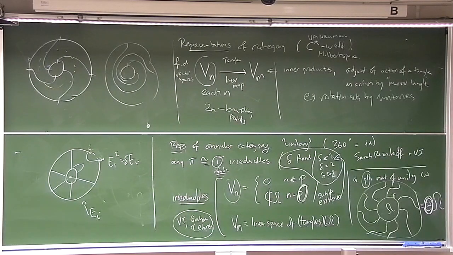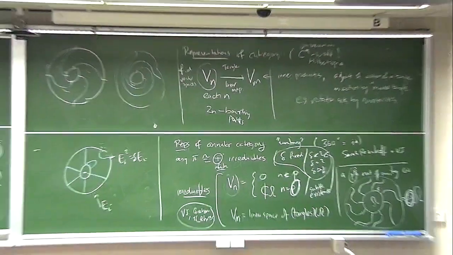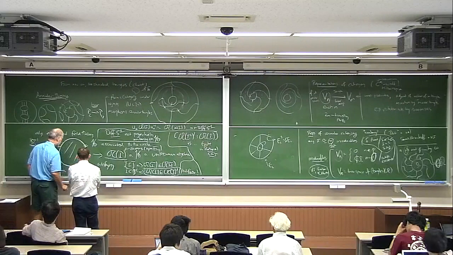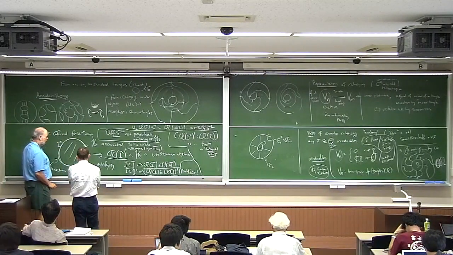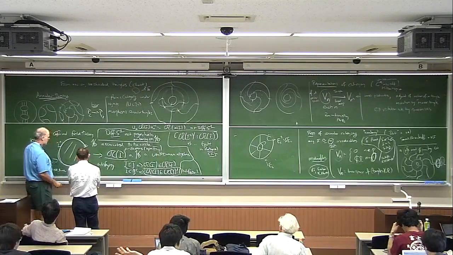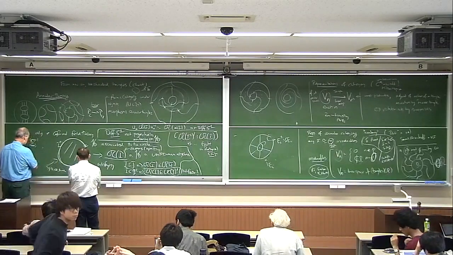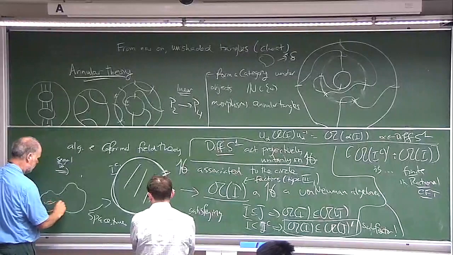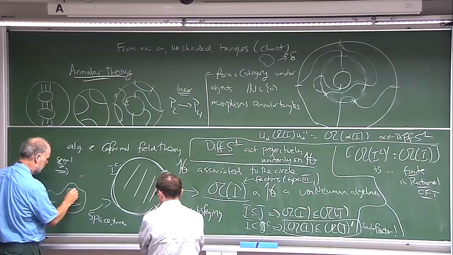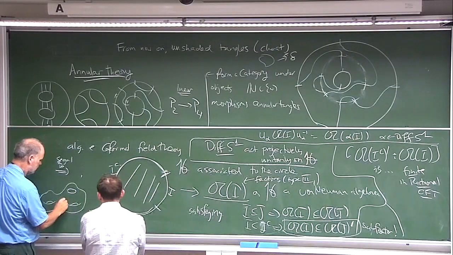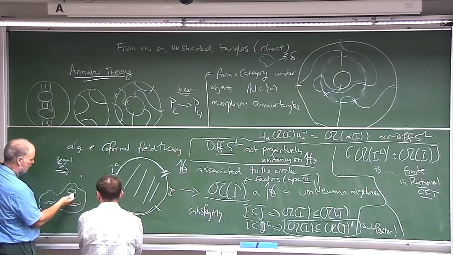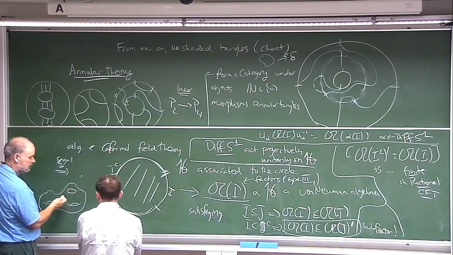This is very simple. This is basically what we're talking about. Inside of this, we're supposed to have Hilbert spaces, and in general, if you have a surface with boundaries, this is supposed to be an operator from a tensor product.